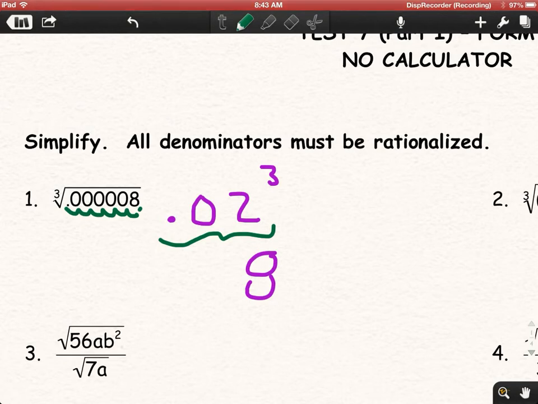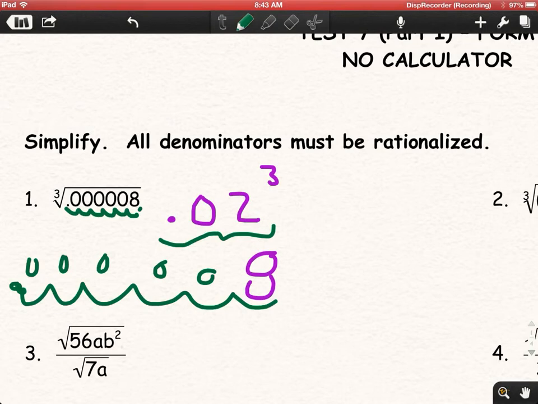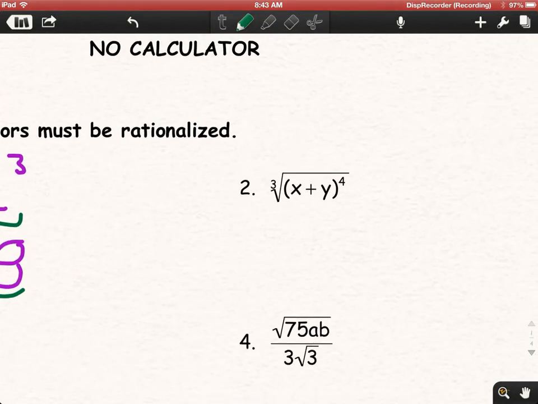And so 0.02, 1, 2, 3, 4, 5, 6, and that's where you get your 5 zeros from.